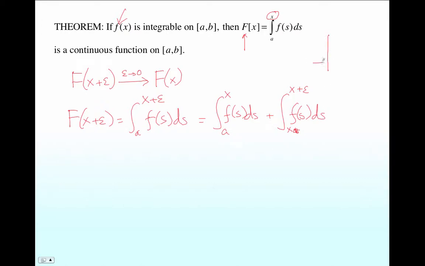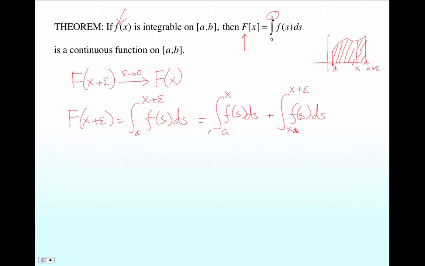So, for example, if you have a function like this, then this is a, and this is x, and this is x plus epsilon, then the total area of the curve between a and x plus epsilon is the sum of this area and the sum of this area.